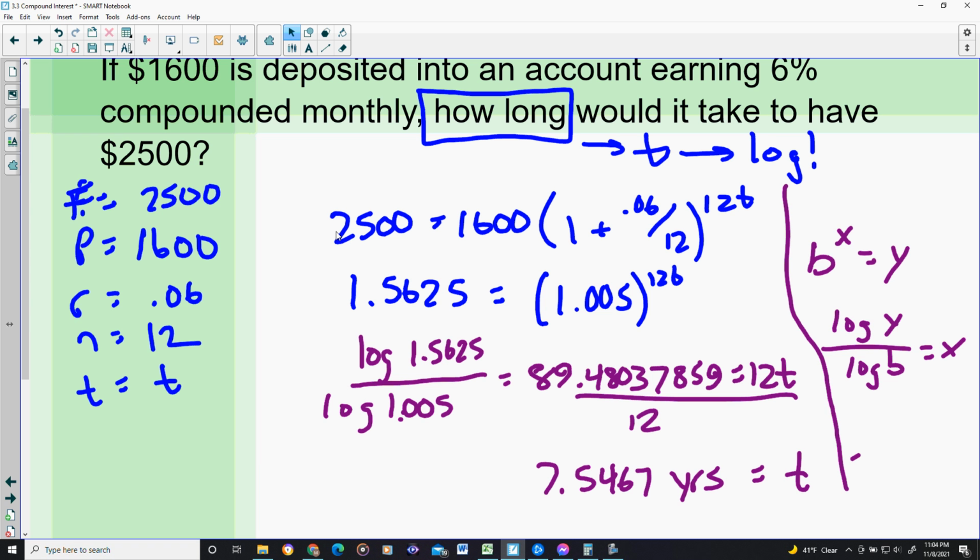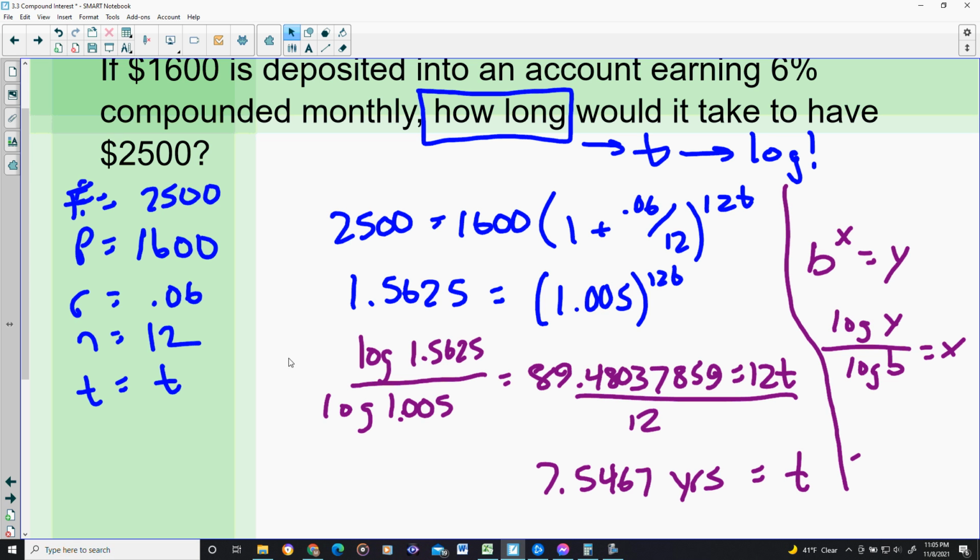So that's kind of interesting to be able to solve for problems like this. Really, all the problems work out much the same way.